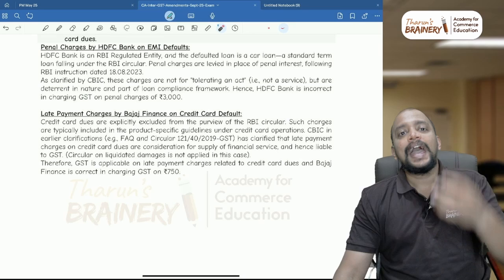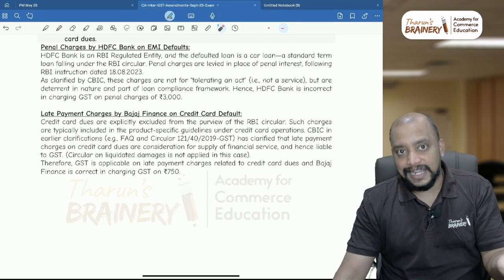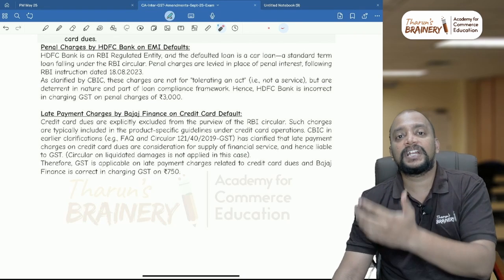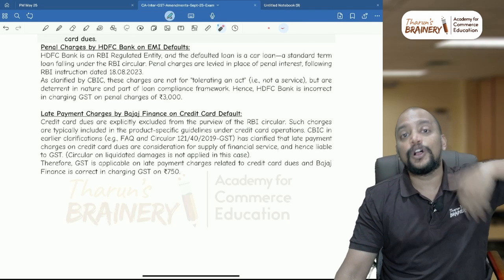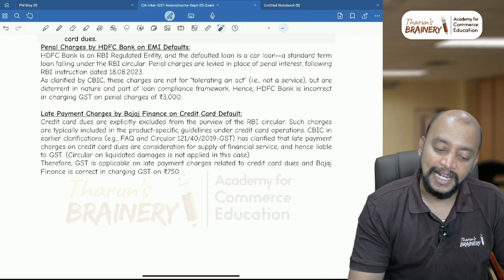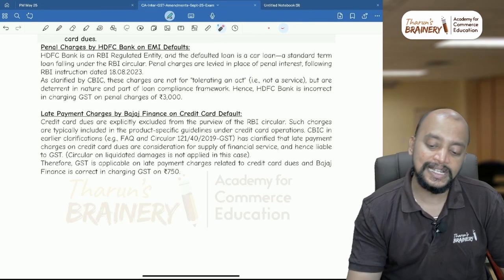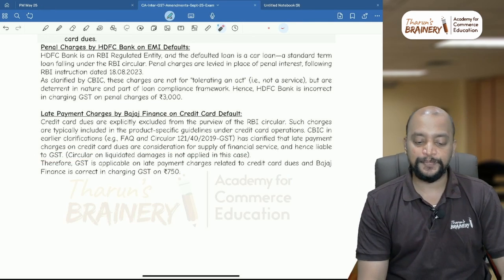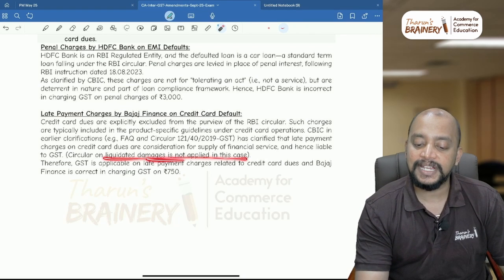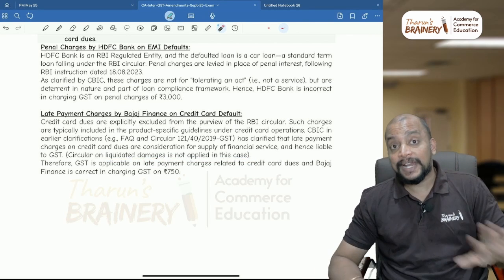Why? I told you, as the interest involved in credit card is taxable, the interest, late fee, penalty for delay in receipt of credit card dues is also taxable. Late payment charges on credit card dues are consideration for supply of financial service and hence liable to GST. The circular on liquidated damages is not applied in this case.